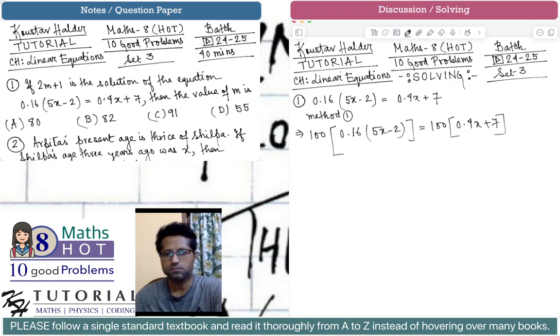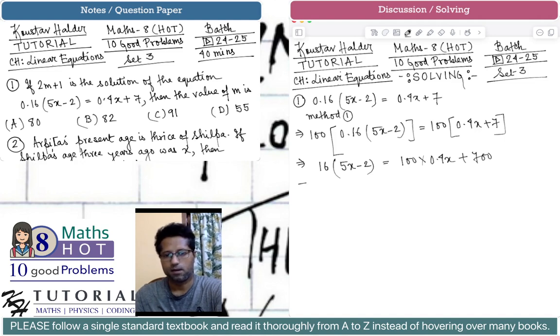Now this implies, I do the multiplication of 100 and 0.16, it becomes 16, multiplied by (5x minus 2), equals, I can do the product of the monomial 100 and the binomial 0.4x plus 7 using the distributive law of multiplication over addition, and this will be 100 multiplied by 0.4x plus 700.